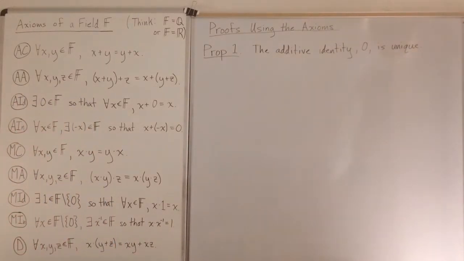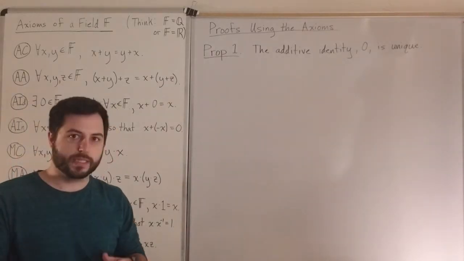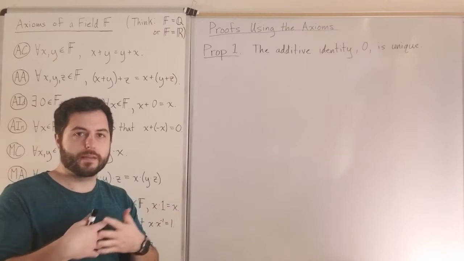Well, a field is a set with two binary operations. A binary operation is something that has two inputs and gives you one output.